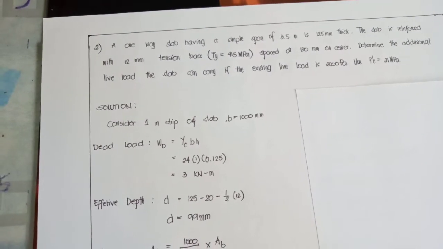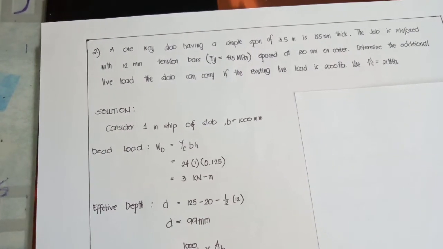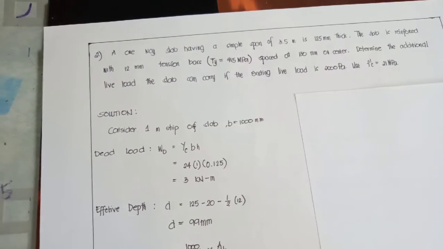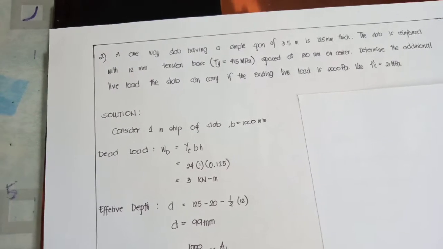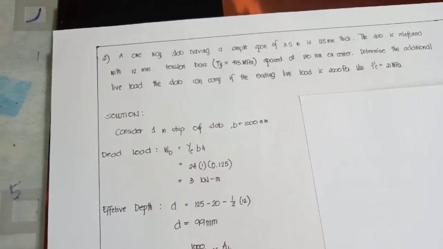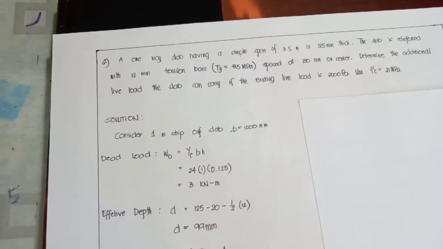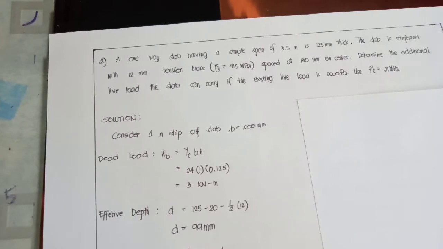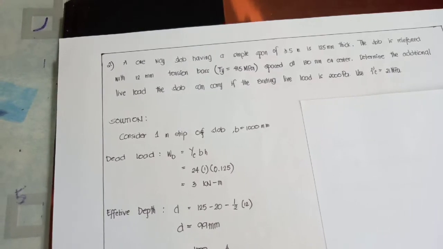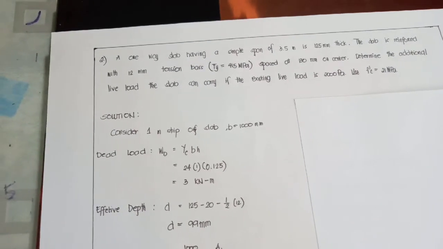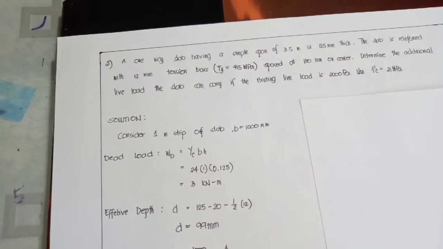The formula for the dead load is the weight of the dead load equals the unit weight of concrete times b, the 1 meter strip of the slab, times h, the slab minimum thickness. We will be using 24 kilonewtons per cubic meter for the unit weight of concrete since it is reinforced concrete. So we have the value of the dead load as 3 kilonewtons per meter.